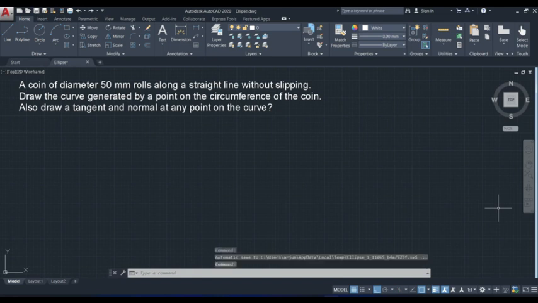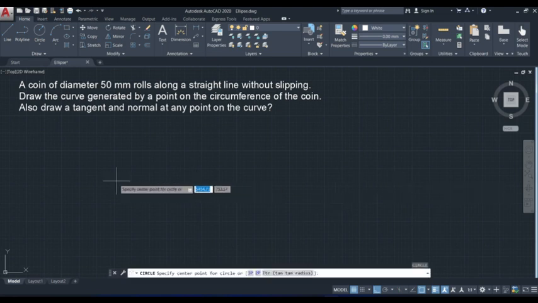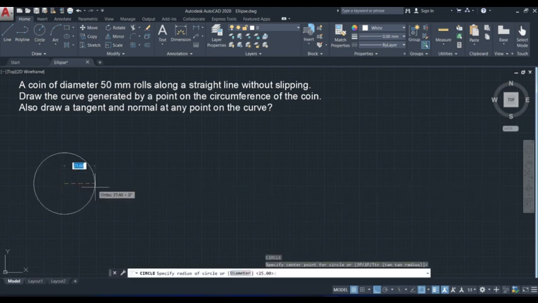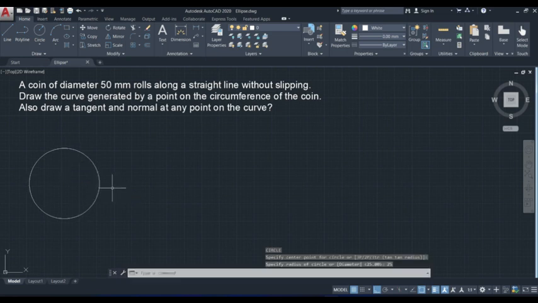Now there is only one data, which is the diameter of the coin, 50 mm. So we can start with that. First of all, draw a circle of diameter 50 mm or radius 25 mm. Then we have to divide this circle into 12 equal parts. One circle means 360 degrees of angle, and while dividing the circle into 12 equal parts, we have to divide 360 by 12.